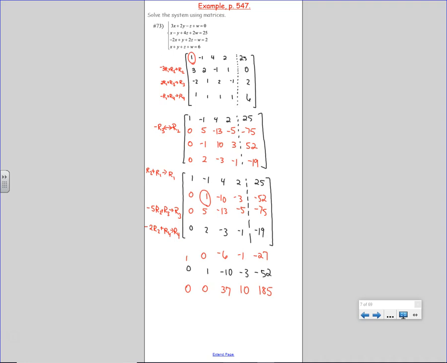And then this one was 260 minus 74. I think 0, 0, 17, 5, and 91.